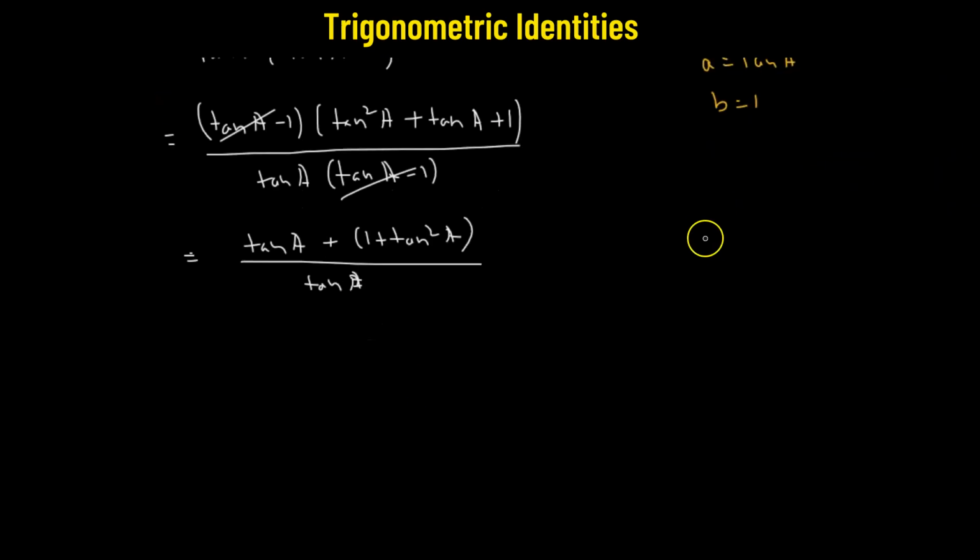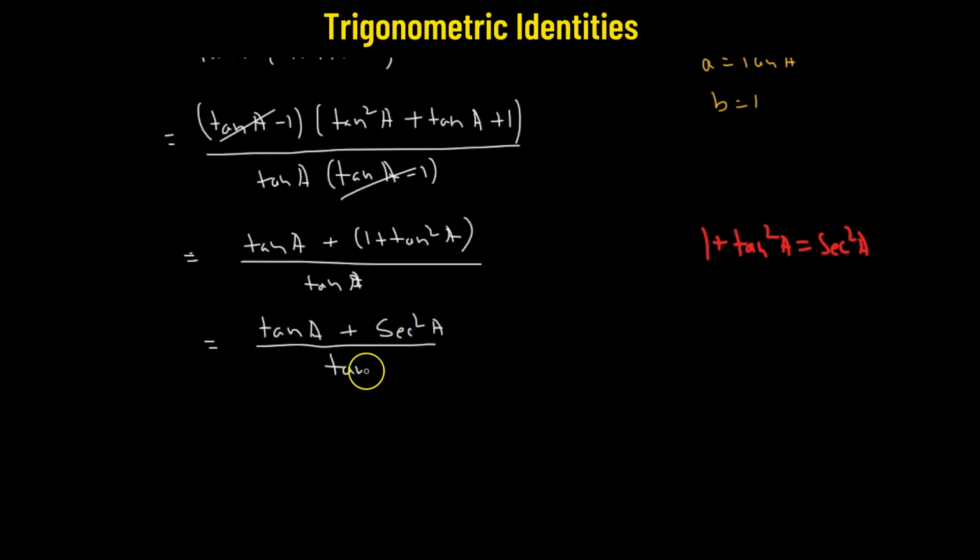So 1 plus tangent squared A is secant squared A. Now we can replace this value with secant squared A. We're going to get tangent of A plus secant squared A, whole divided by tangent of A. Now we're going to divide each term by tangent of A. So tangent of A divided by tangent of A will be 1. Then we have secant squared A divided by tangent of A.